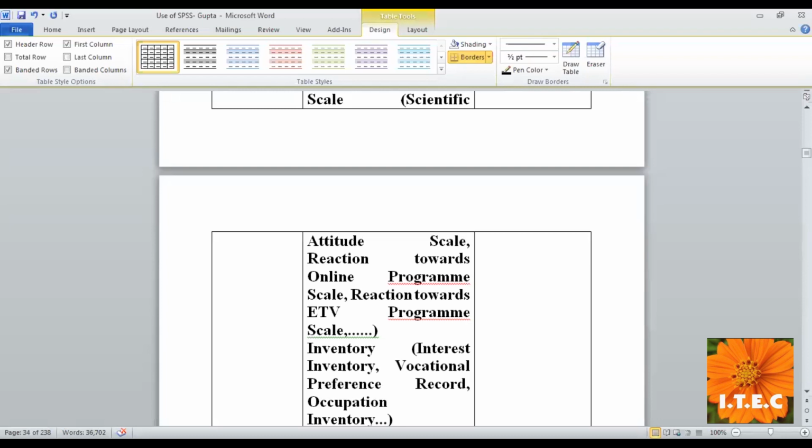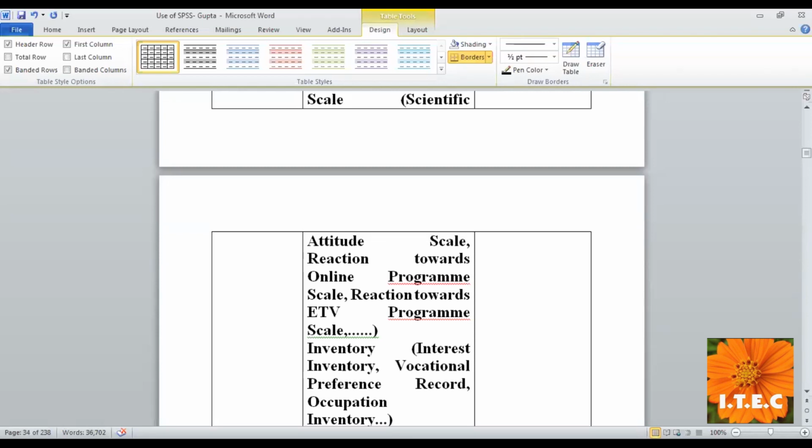Please understand, in many of the books, if you want, I can name the books, like Kothari. He has given the name questionnaire, and under questionnaire, he has given scale, which is technically incorrect, because questionnaire cannot be standardized.